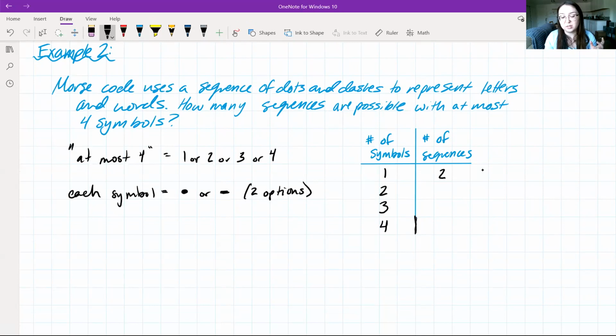Then if we think about 2 symbols, that means 2 dots, 2 dashes, dot dash, or dash dot. So it's going to end up being 4. But since we know the multiplication principle, there's 2 options for our symbol and 2 numbers of symbols, and this is going to give us 4.